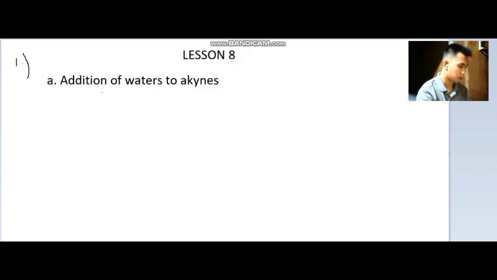So in the next problem that we will be tackling, we're going to showcase the addition of water to an alkyne.